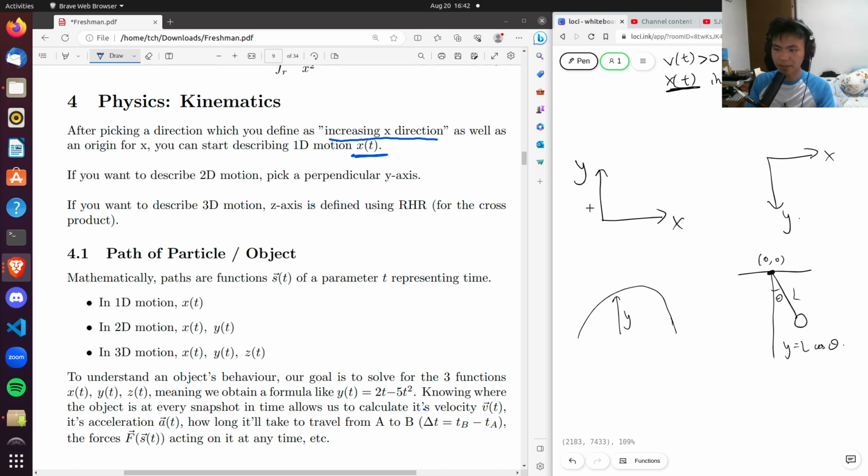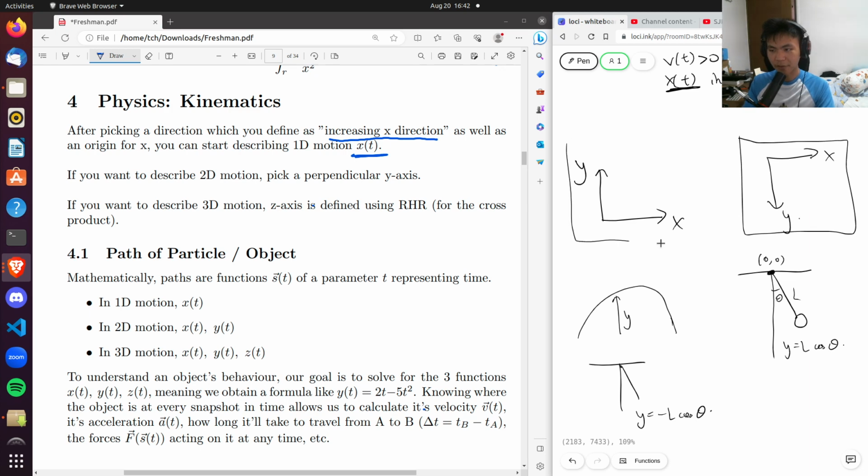Whereas if you pick this coordinate system, then your y will need to be negative L cosine theta. So there may be scenarios where you might want to pick y to be downward positive instead of upward positive, and honestly, it's just a matter of convention.